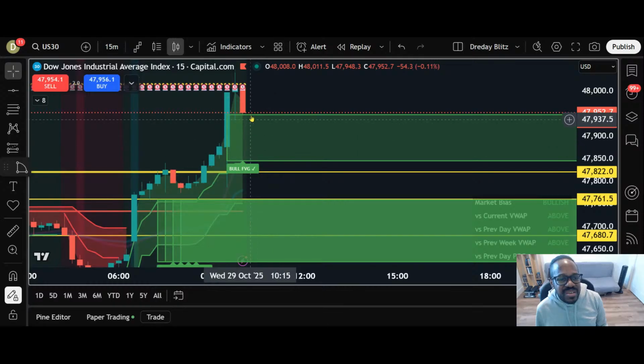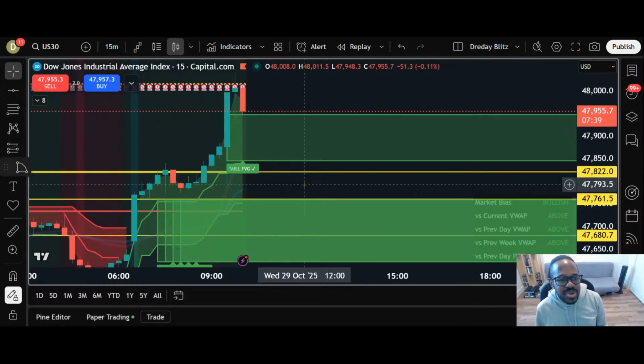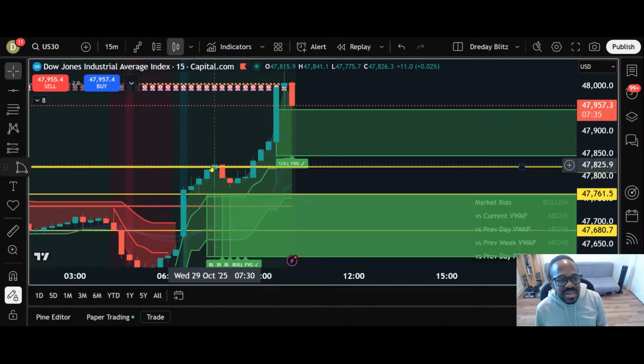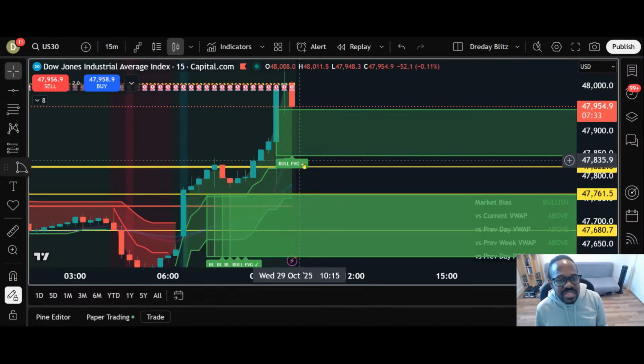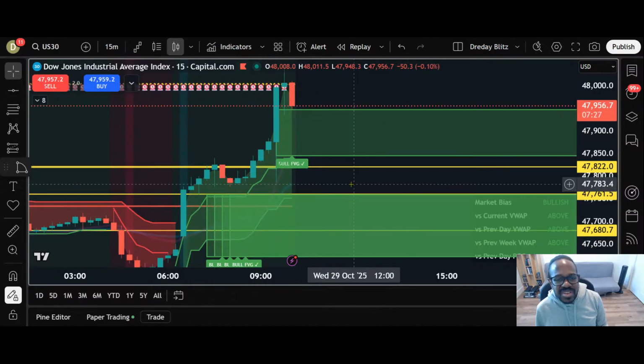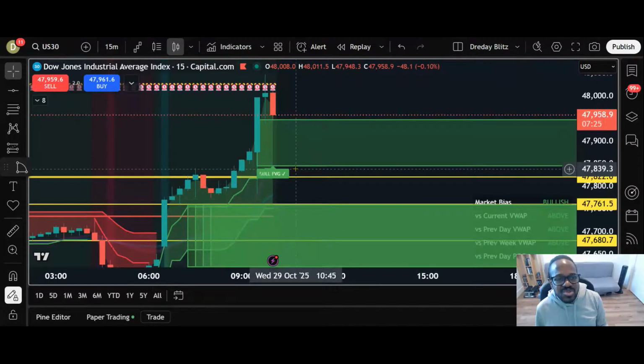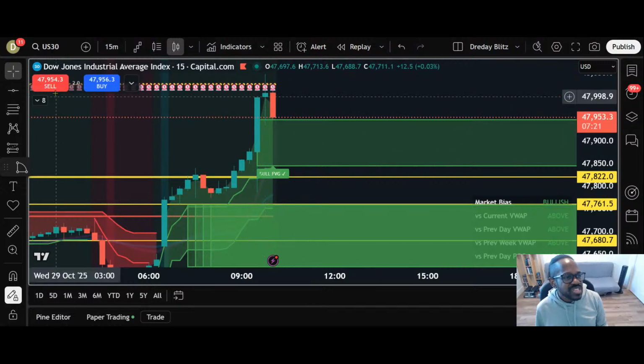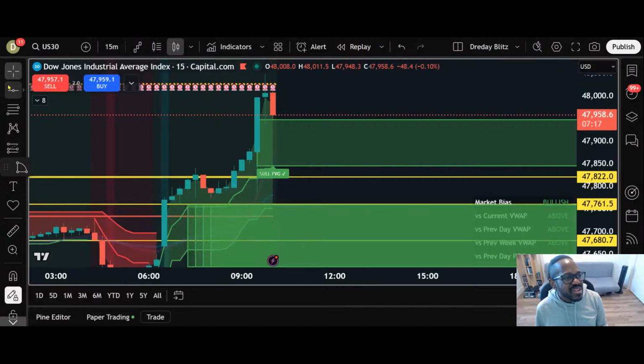So expecting the price to go lower here. So pretty much this is a shoulder. This is the head, another shoulder here, a small shoulder, and we should be going lower here. So if it wants to go lower, it may start to retrace toward maybe a small retracement level.